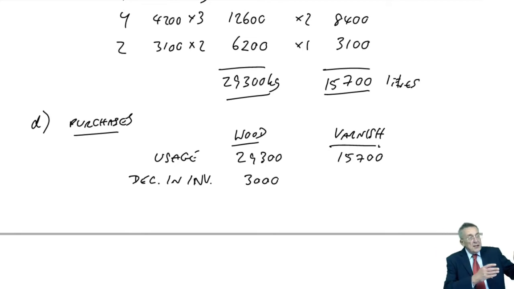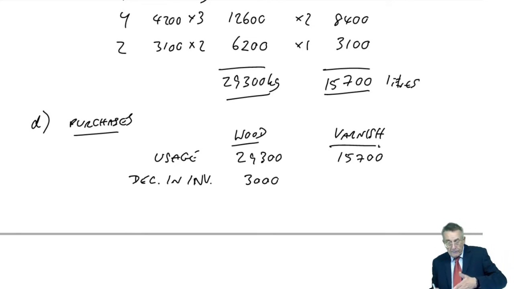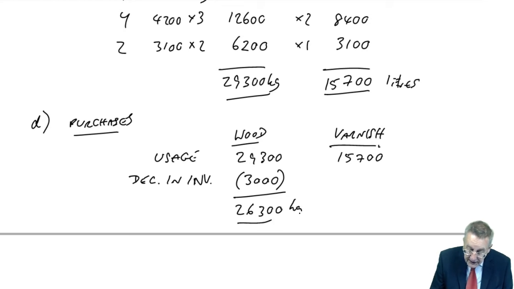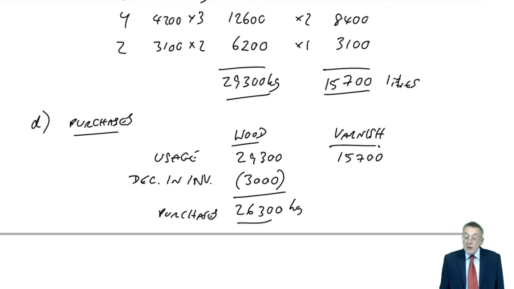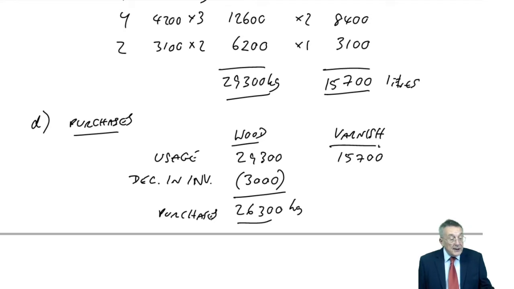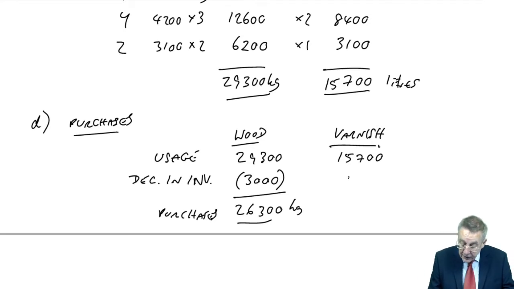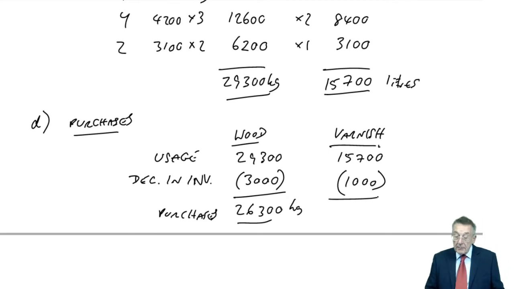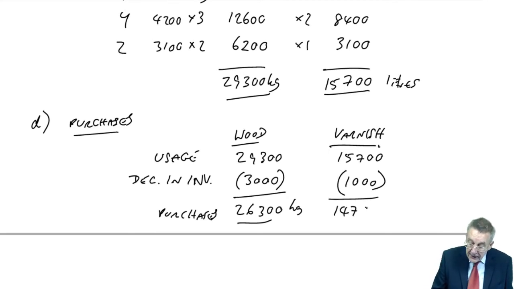So for our production, we're going to take 3,000 kilos from inventory, and therefore we're only going to need to buy the remainder this year at 26,300. And similarly for varnish, we want to use 15,700, but again we are reducing inventory, so 1,000 will come out of our inventory. We'll only need to buy the remaining 14,700 litres.